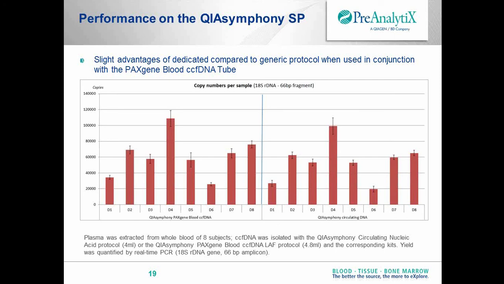So we should see copy numbers on the y-axis here for the dedicated PAXgene QIAsymphony kit compared to the generic kit. And this is of course not surprising, because for the generic kit you have different kinds of plasma samples, plasma types coming in, and you have of course a generic idea behind this kit. And with our kit we have really a dedicated solution for the plasma coming from our new tube, so that we have a really complete system.